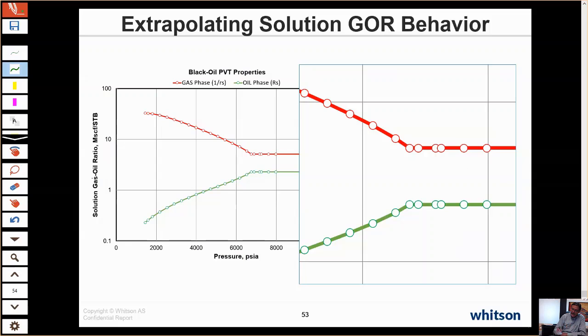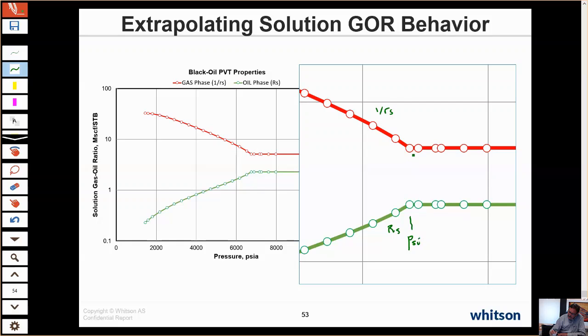So how do you do that? And one of the papers I mentioned is there. But basically, this is our 1 over little rs. This is our RS curve. What you want to do, this is the maximum PSI.